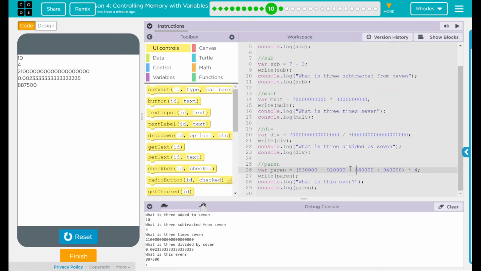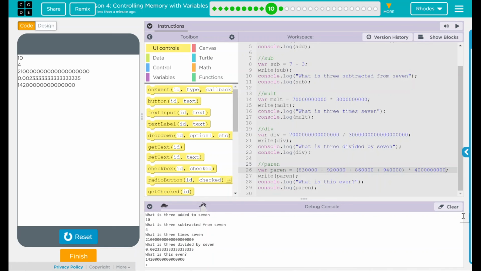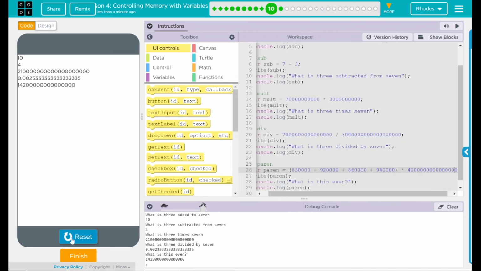So I'm going to use the multiplication sign. You can see that's what we used here in our multiplication problem. Reset, run. Let's take this times a whole bunch of 4s. Couple more here. And we're back up to the scientific method.